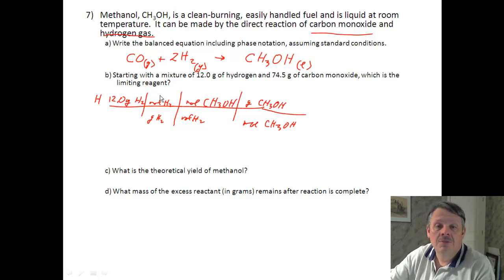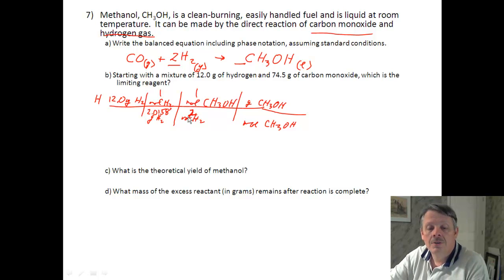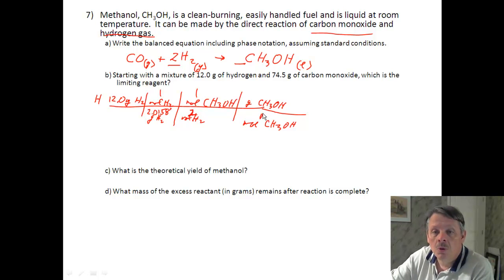All right, so we need to do some math here. We need to figure out that 1 mole of H2, you can figure that out pretty easily. 1 mole of H2 is 2.0158 grams. And when I'm converting from H2 to methanol, I have a 2-to-1 relationship. And then I can figure out that 1 mole of methanol has a mass. Well, I add up the 12 plus the 4 plus the 16.